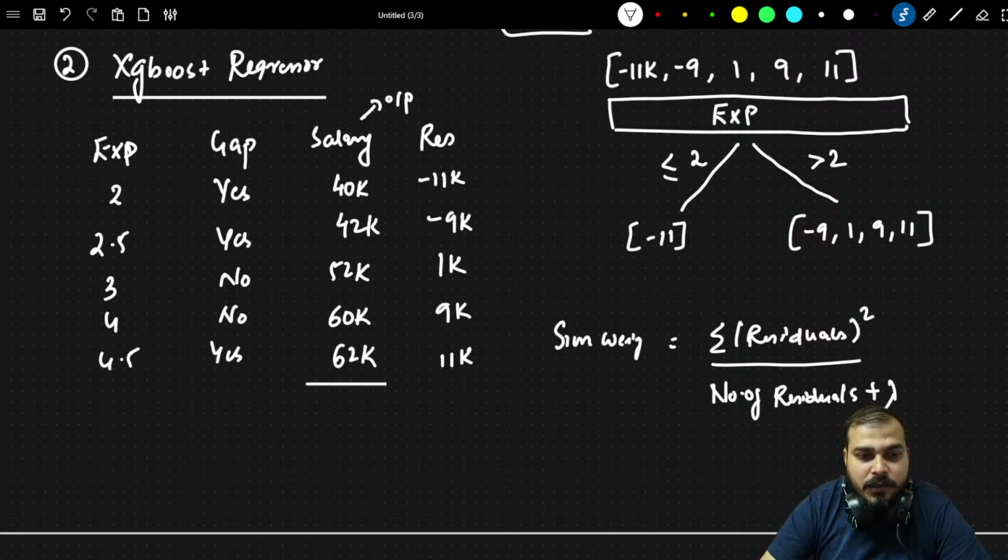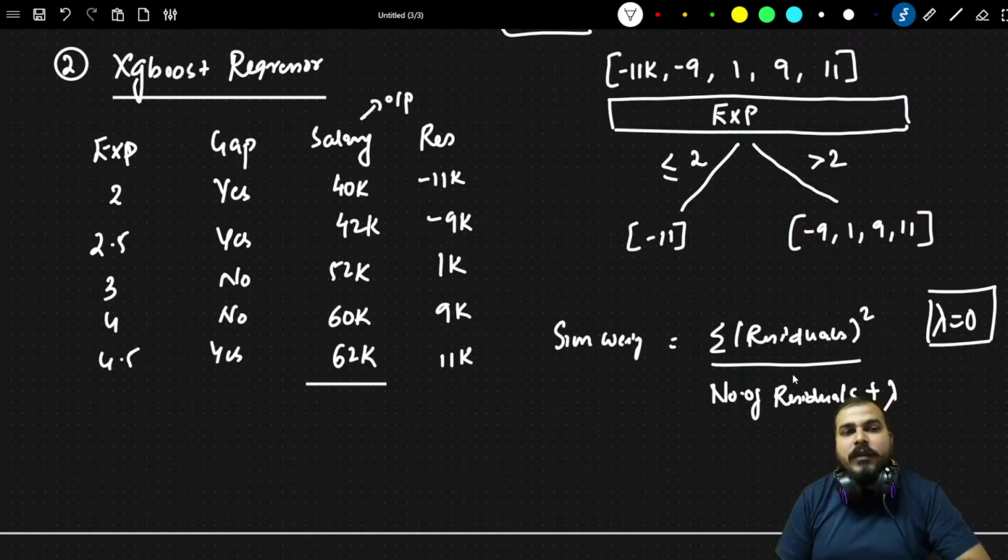Again, here we are going to consider lambda as 0 because this is a hyperparameter. The more the value of lambda, the more we are penalizing with respect to the residuals. So this will be the formula that we are going to apply.